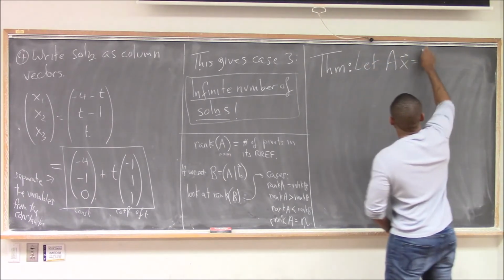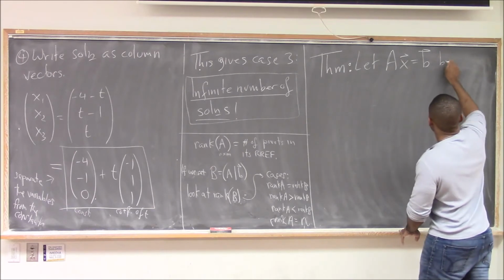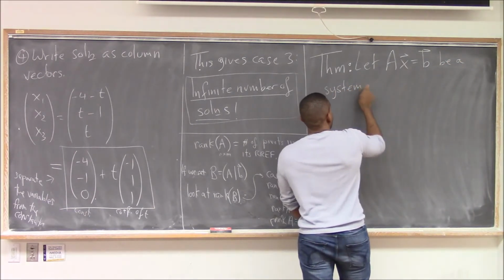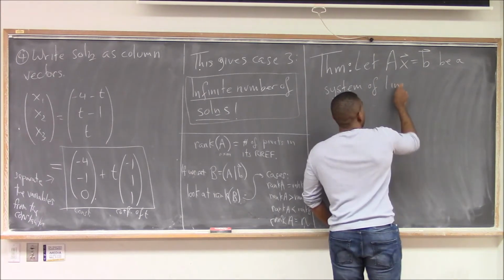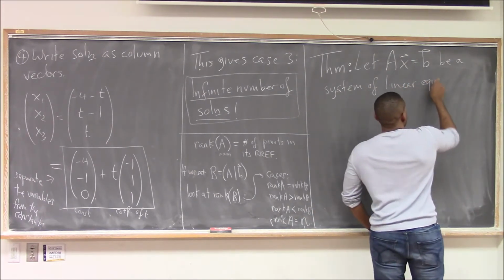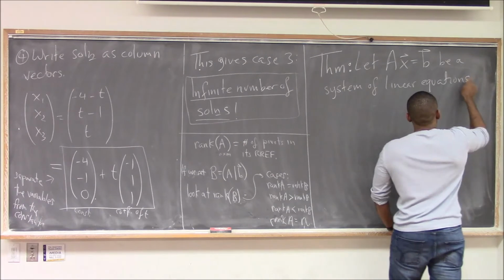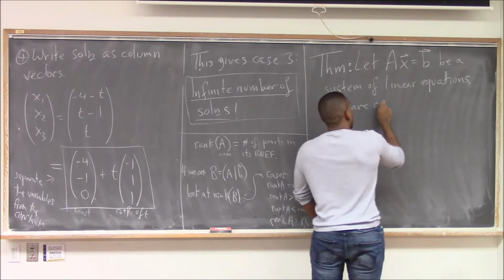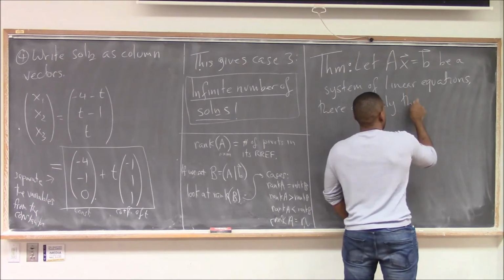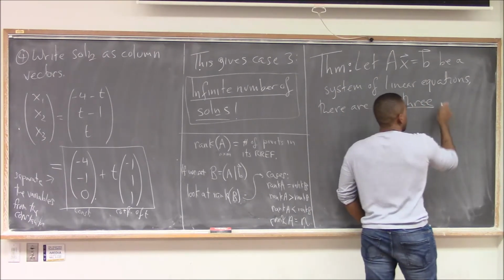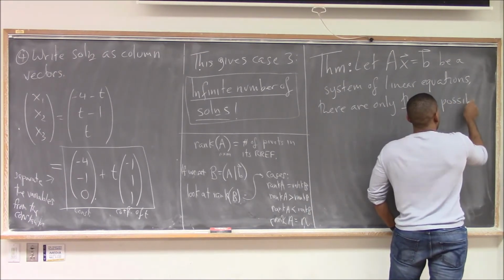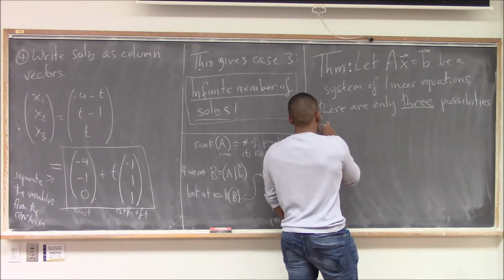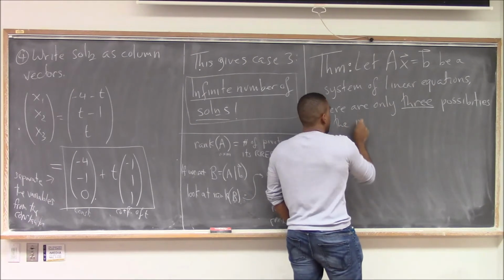Let AX equals B be a system of linear equations. There are only three possibilities for the number of solutions.